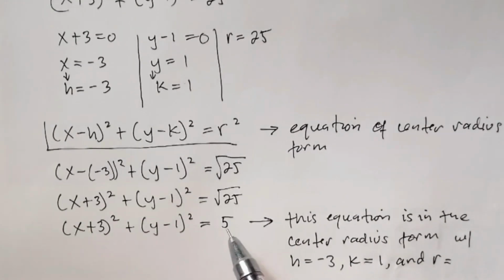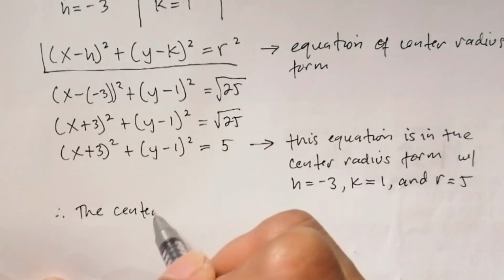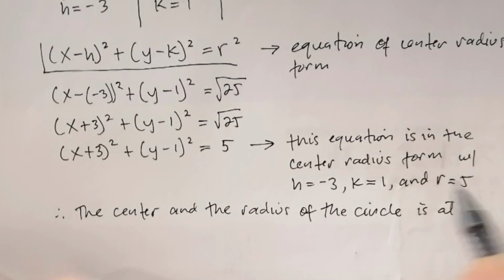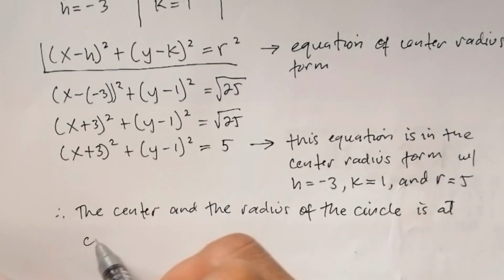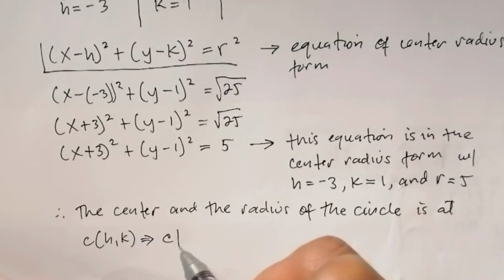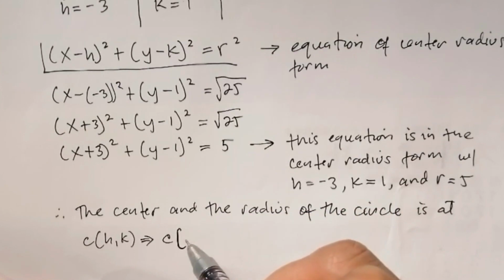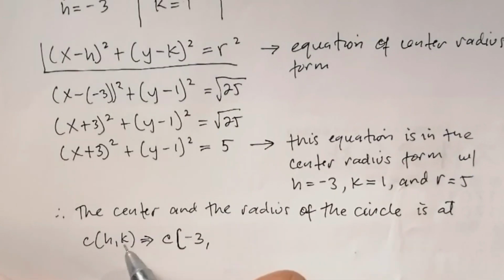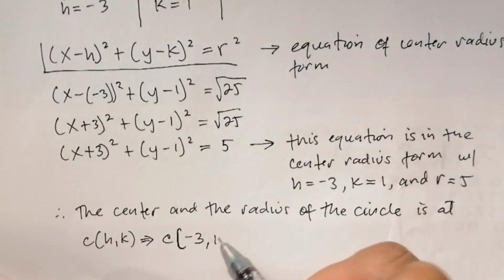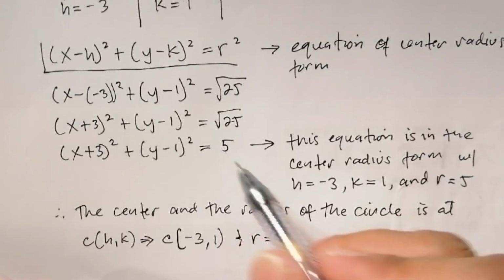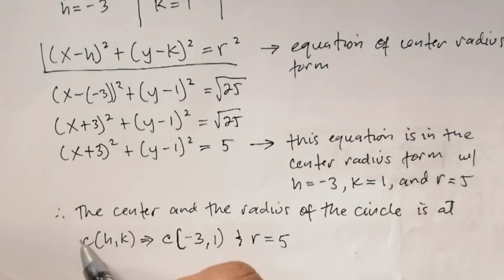Therefore, the center and the radius of the circle is c bracket hk, the same as c bracket negative 3, 1 bracket, and r is equal to 5. This is our final answer.